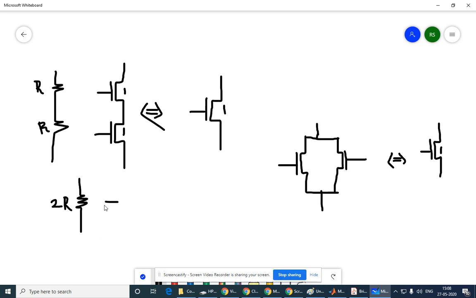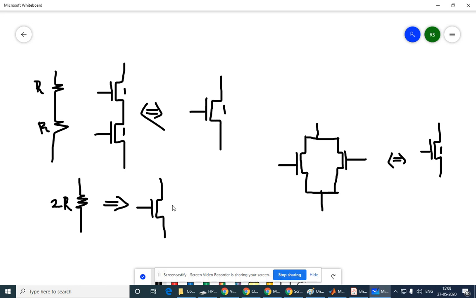And if I go from the reverse direction, I am going from a resistance to a transistor. What should I put for W by L here, such that I get 2R for the resistance?